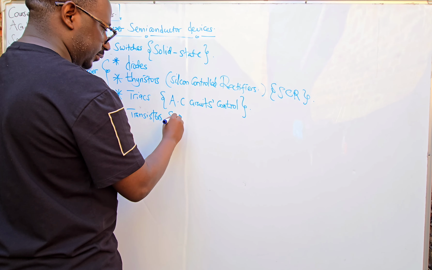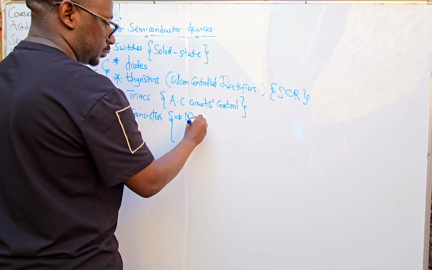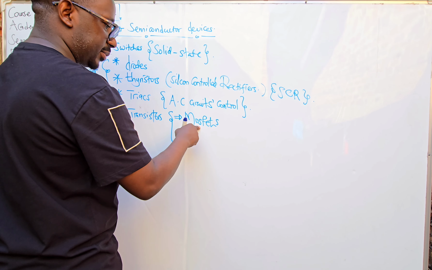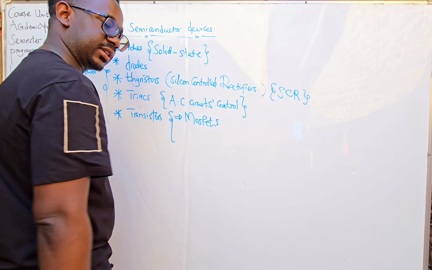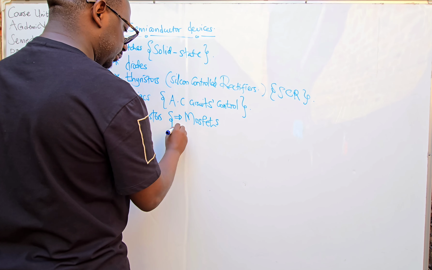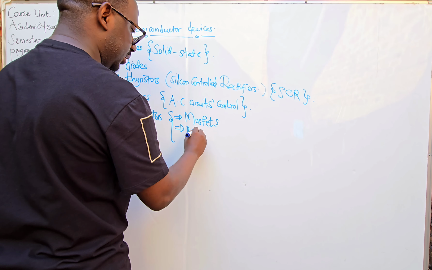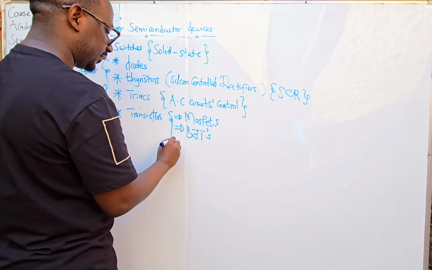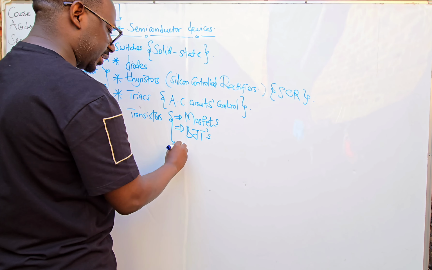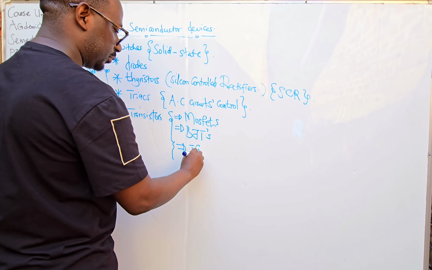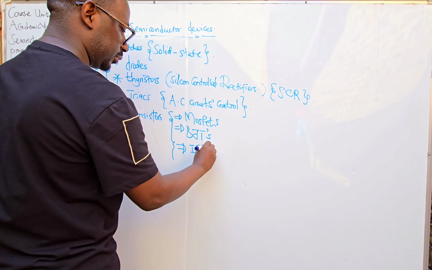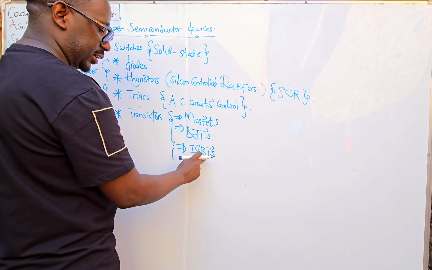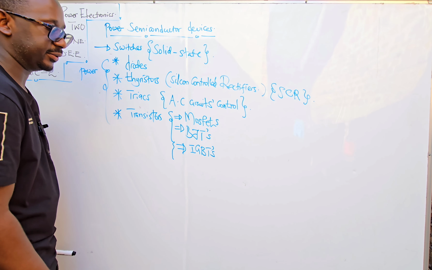We have MOSFETs, which are metal oxide semiconductor field effect transistors. And we also have BJTs, bipolar junction transistors. And we also have IGBTs, insulated gate bipolar junction transistors.